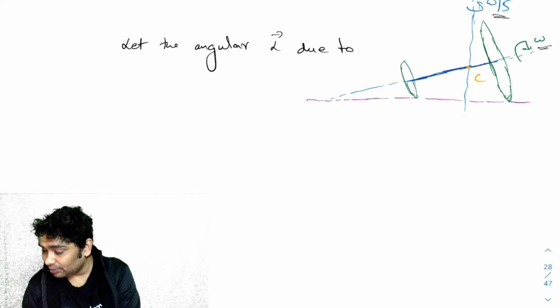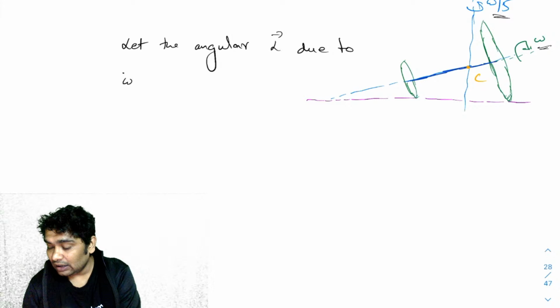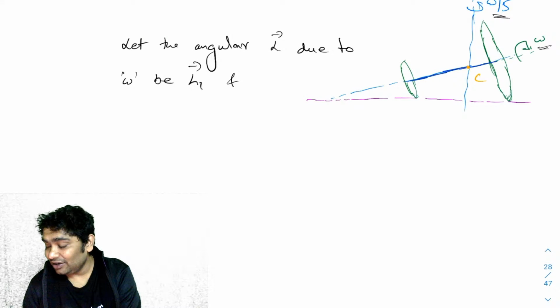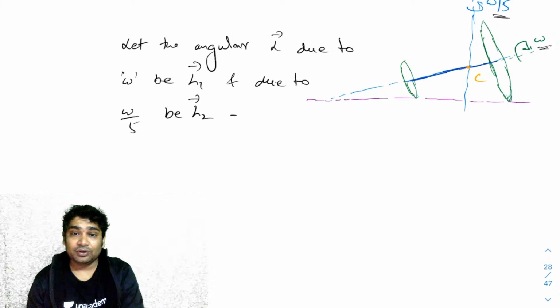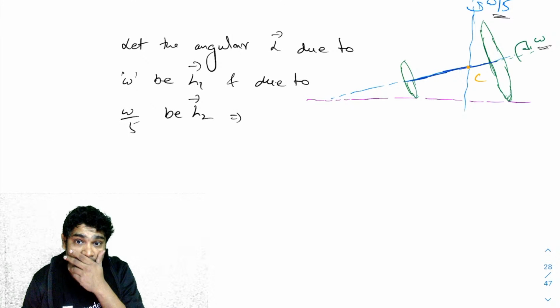Let the angular momentum due to omega, this kind of rotation, be L1 vector, and due to omega by 5 be L2 vector. So now you can apply.